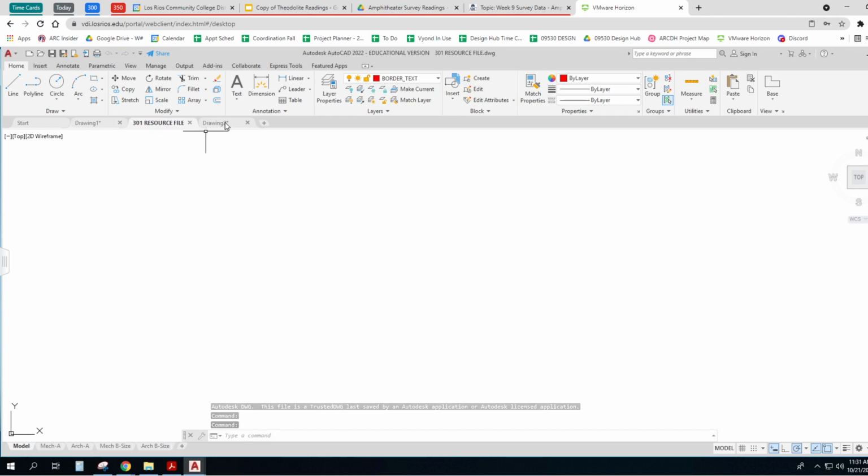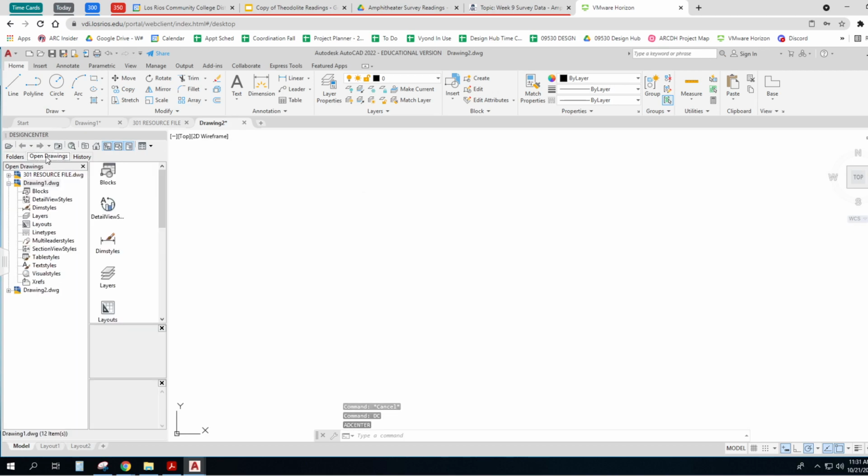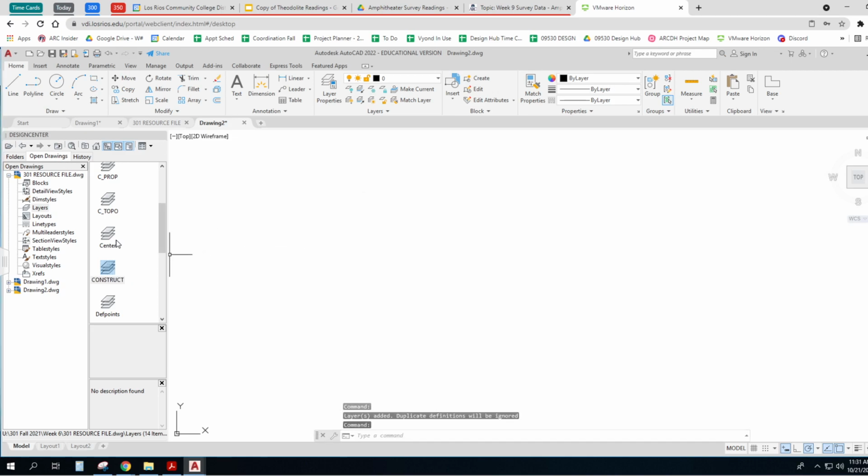Okay, so from my drawing two, let me do design center and bring in some layers: open drawings, resource files, layers. I definitely want some construction lines. Probably need a center line. I'll need depth points eventually.